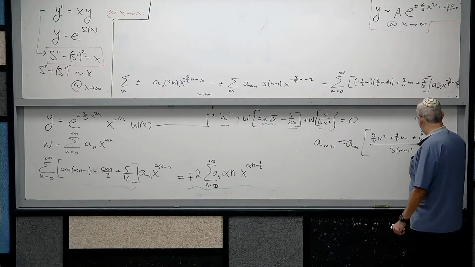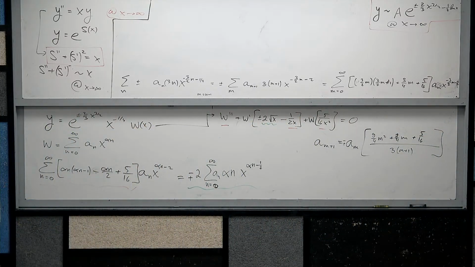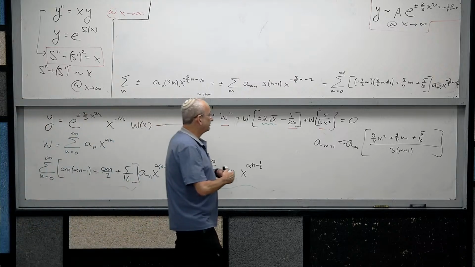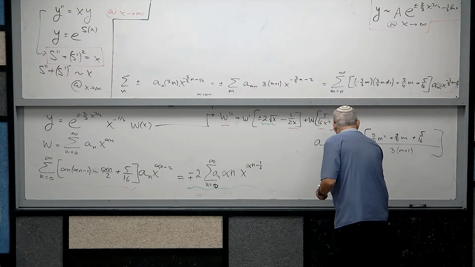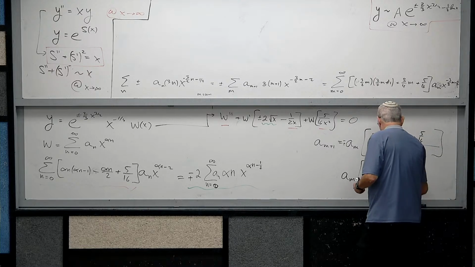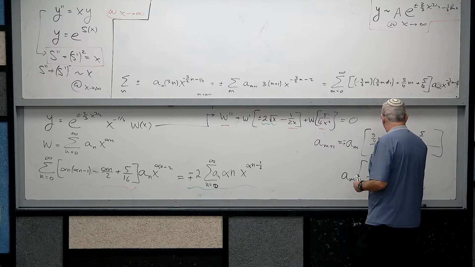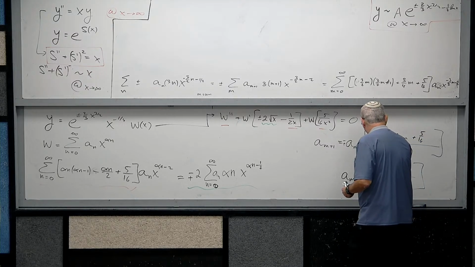Okay. Can we make this a little bit more user-friendly? Yes. So the claim is that this is equal to am times, again, down here I have 3 times m plus 1. And up here I have 9/4.